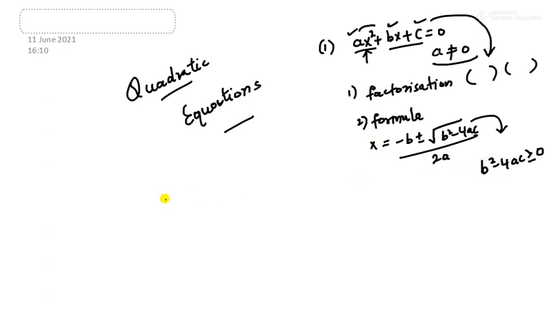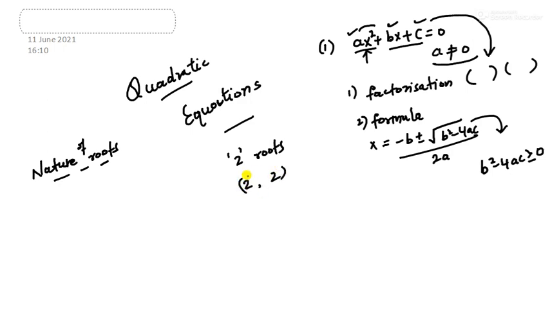Now, to know the nature of roots. What is this nature of roots? For a quadratic equation we get two values, means two roots. These two can be the same, like if one root is 2, the other will also be 2.